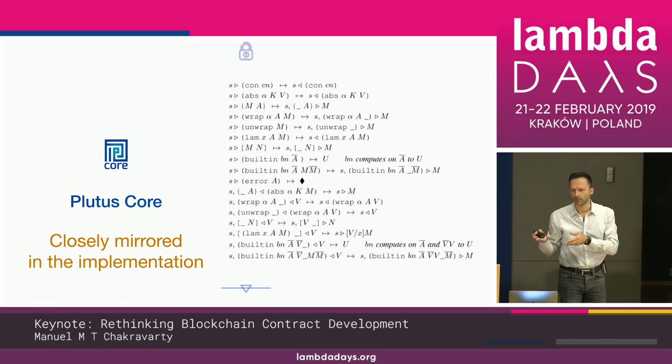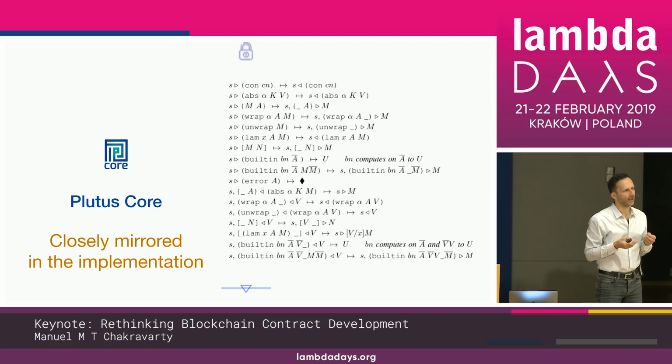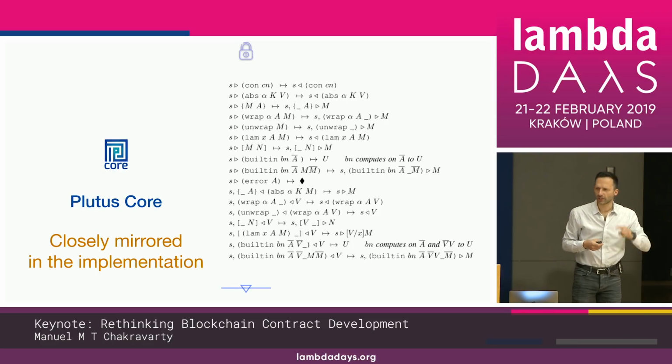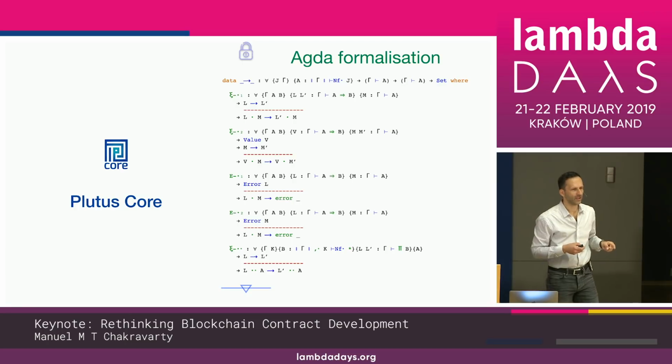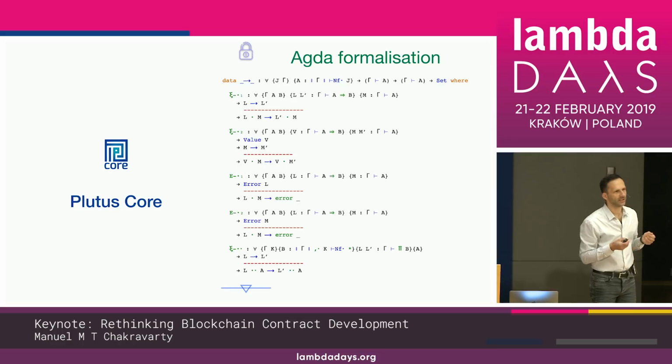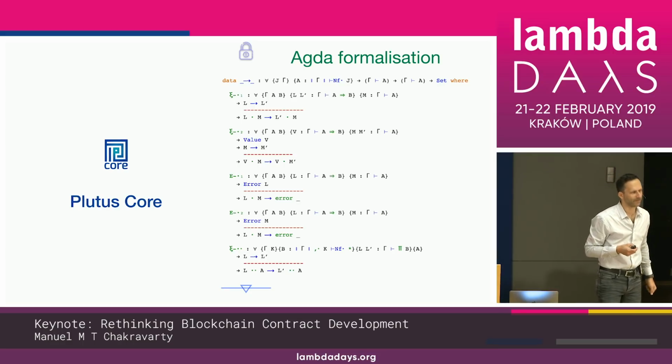So our Haskell implementation of that abstract machine actually follows it, uses the maths as comments, and you see the Haskell code really is structured in the same way. So that gives us a lot more confidence that it's actually doing what it's supposed to do. But not enough. We've got one of the team members, James Chapman, he's really good with Agda.